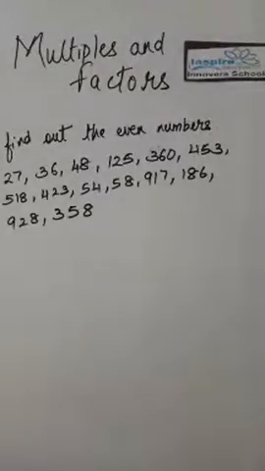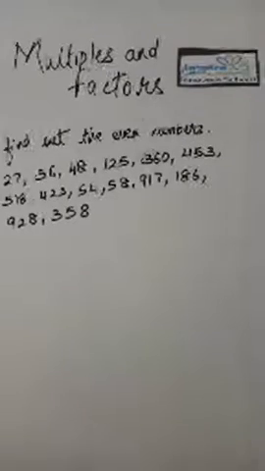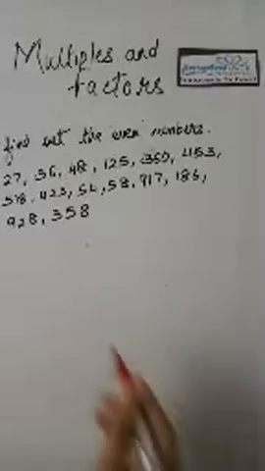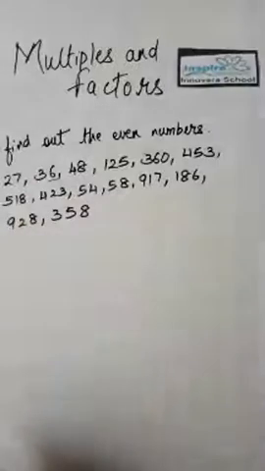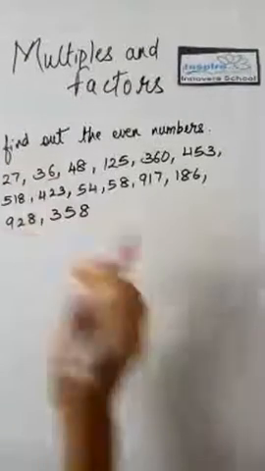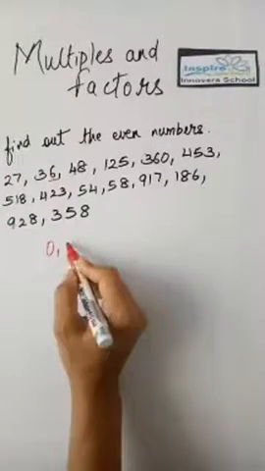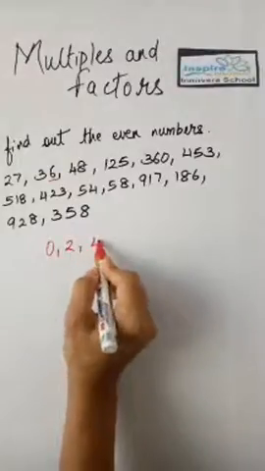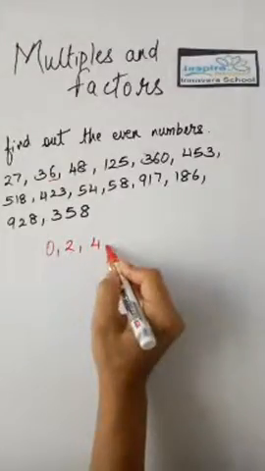Now we know even numbers are what? The number whose last digit, yes, so we are going to see the last digit. The last digit should be 0, 2, 4, 6, 8.